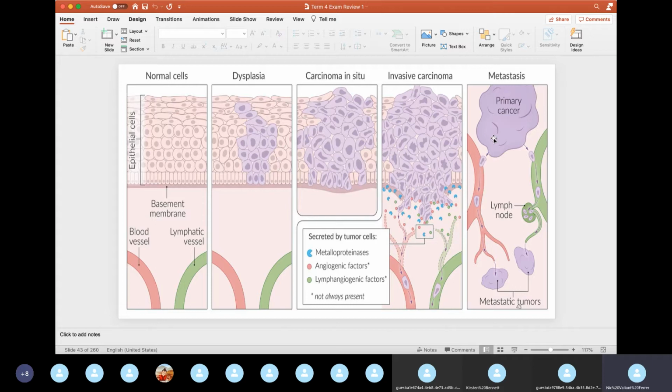However, it does not penetrate the basement membrane. It can progress to invasive carcinoma. It invades the basement membrane using your metalloproteinases and your collagenase. You also have inactivation of your E-cadherin, so cell-to-cell contact is lost. Last one is metastasis. You have spread to the different organs via lymphatics or the blood.